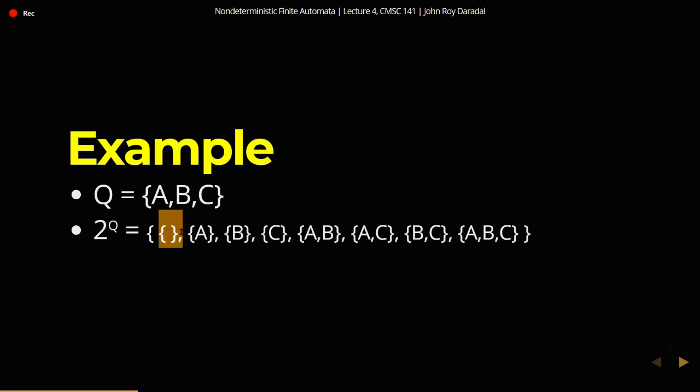You could have the empty set, taking nothing. You could have the set containing only A, set containing only B, set containing only C, set containing A and B, A and C, B and C, and all three A, B, C. So it's the set of all subsets. Okay, so it's the power set.